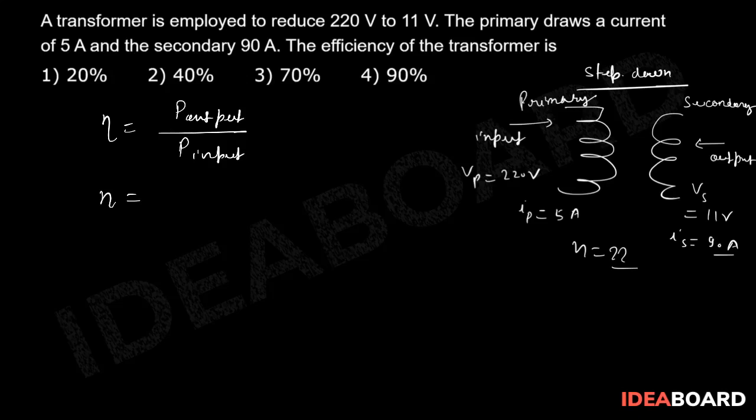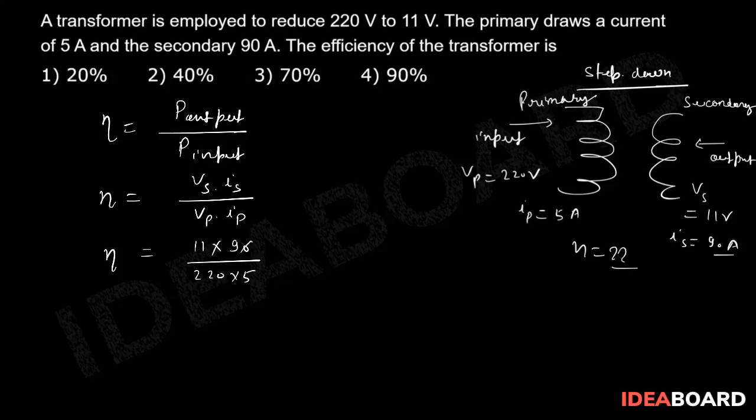So P output will be V secondary into I secondary divided by V primary into I primary. Perfect. So the value of eta, Vs, which is 11, into Is, which is 90, divided by 220 and 5.